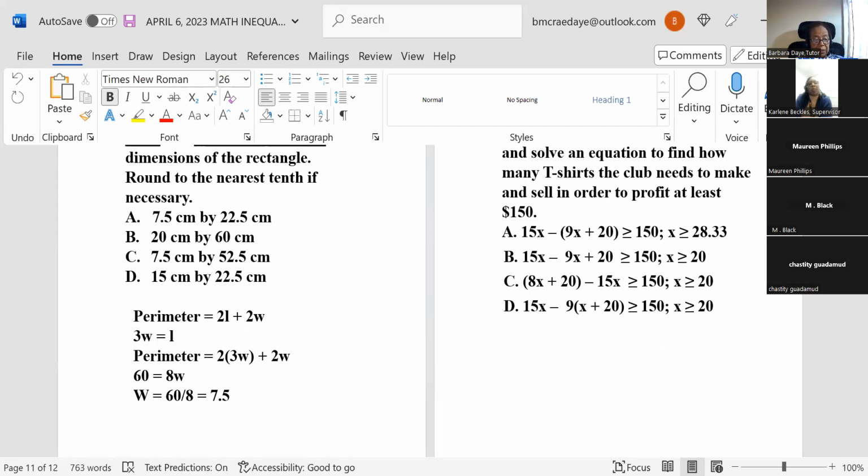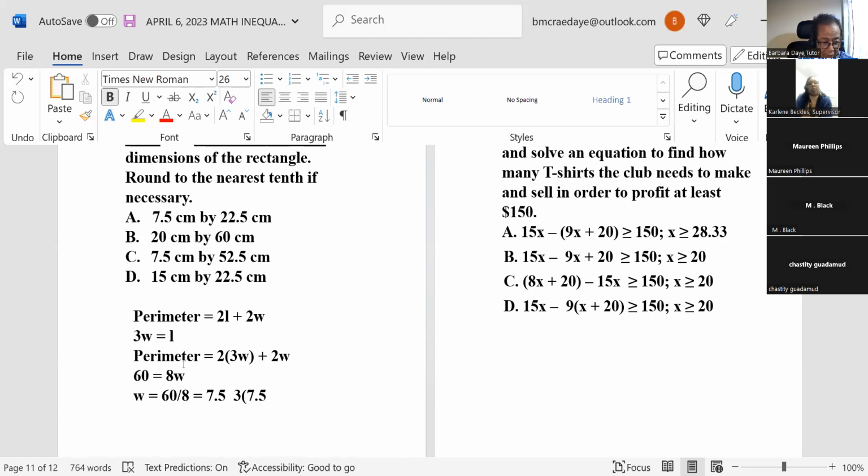Now, if the width is 7.5, Maureen, what's the length? 3 widths equal the length. So multiply that by 3. We said that right here, right? So 3 widths equal the length. So that's 3 times 7.5.